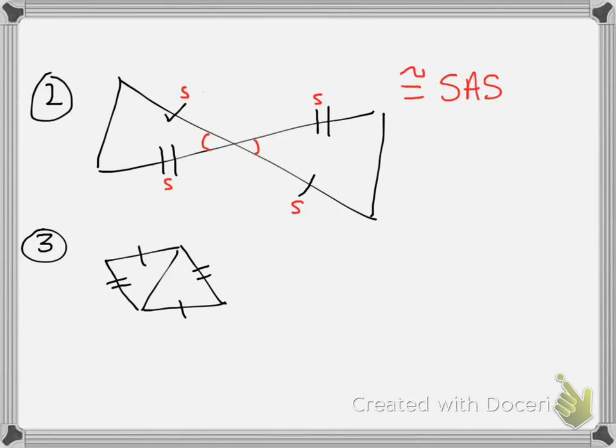So we're asked to prove, hey, are these two triangles congruent to one another? And what I notice is that they share this third side together. So we have side matches with this side matches with this side, and then obviously the third side they share, all right, which is the same. So these two are congruent by side, side, side.